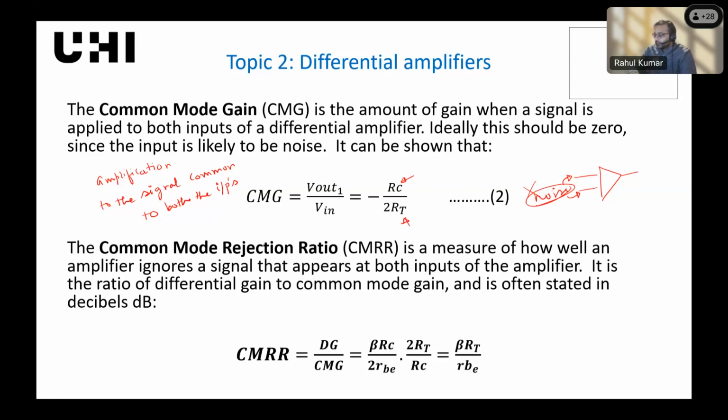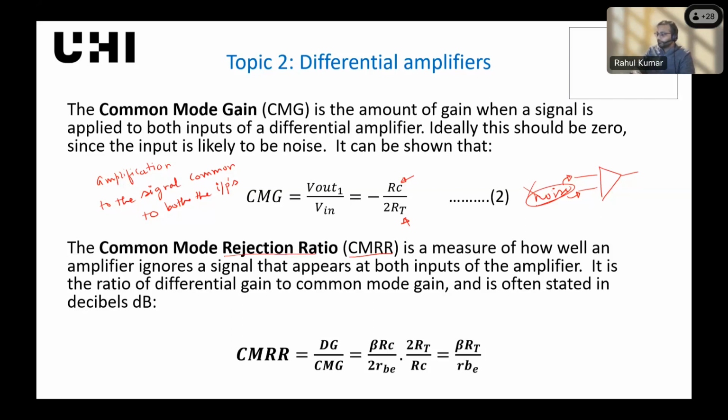Right? Now, in any differential amplifier, we will have both the differential gain and the common mode gain. And what we can do is we can combine them together to find the CMRR, the common mode rejection ratio.